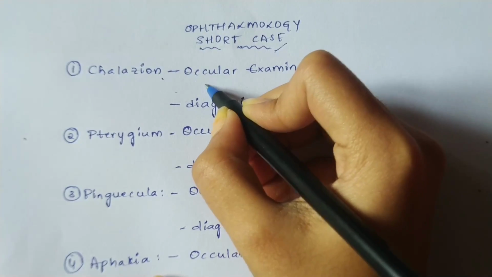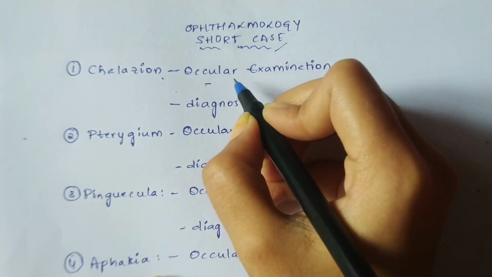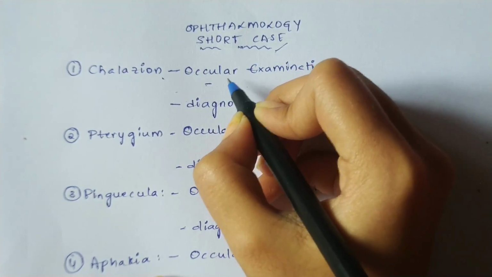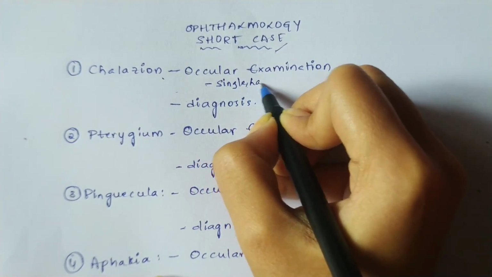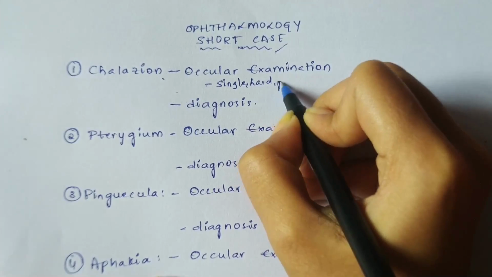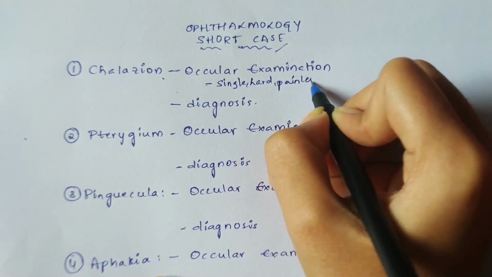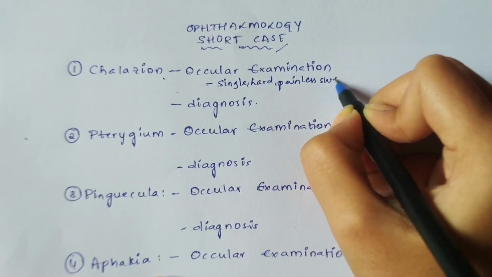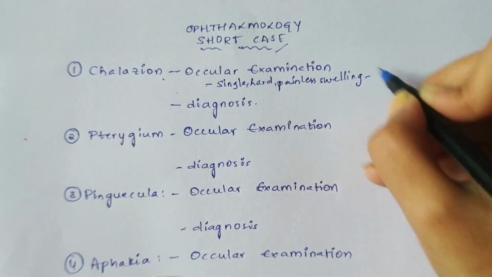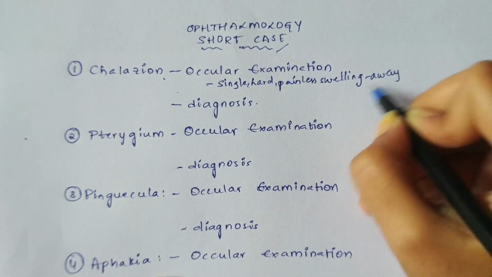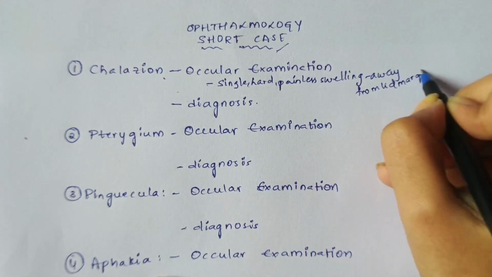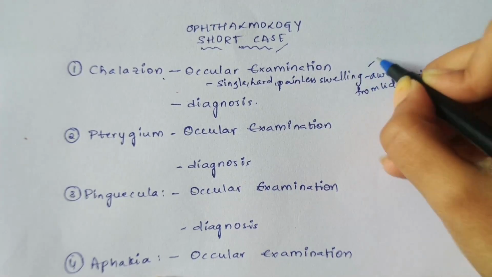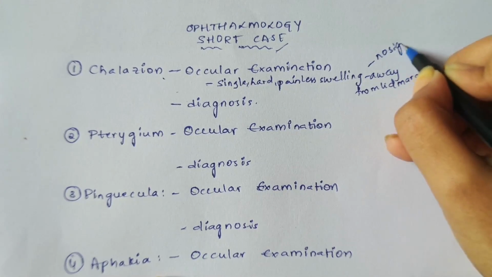Ocular examination: what you will see, you will write here. What you will see is a single, hard, painless swelling. It will be present mostly away from the lid margin, and there will be no signs of inflammation.